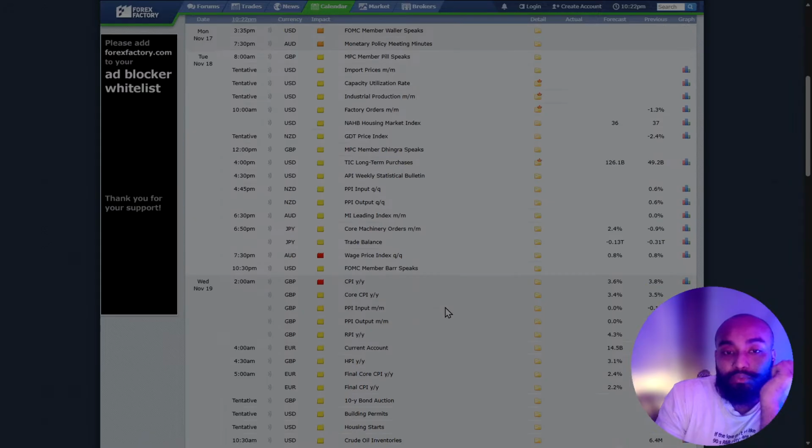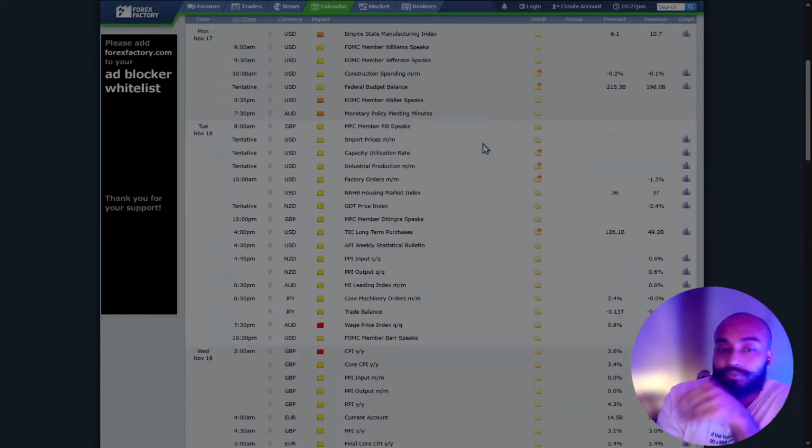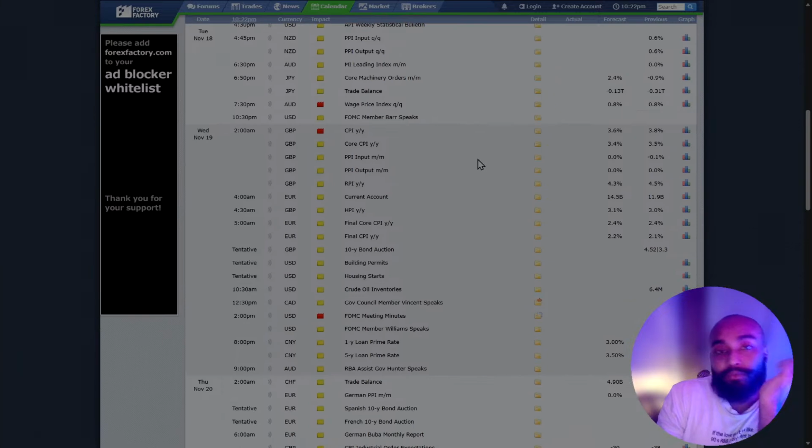On Tuesday, we have volatility only in the Aussie pair, AUD, but we don't have any kind of volatility in CAD or USD. But on Wednesday, we do have volatility on GBP and USD.